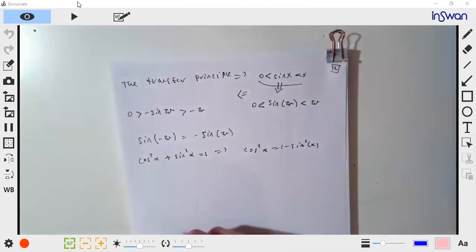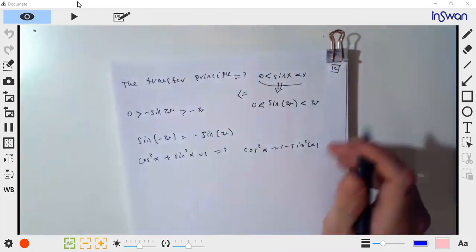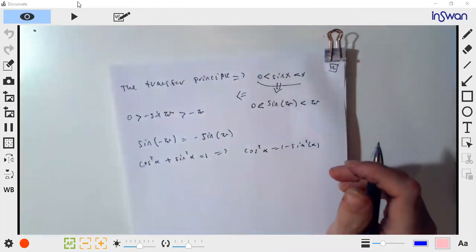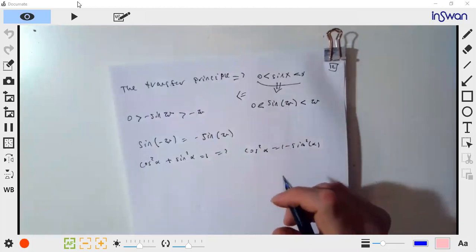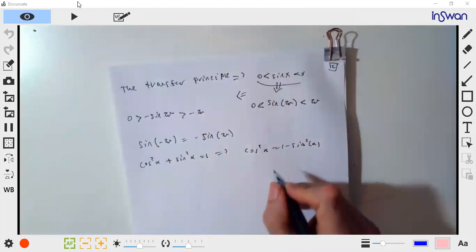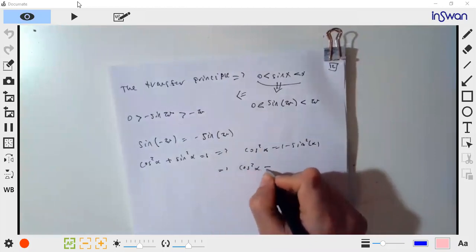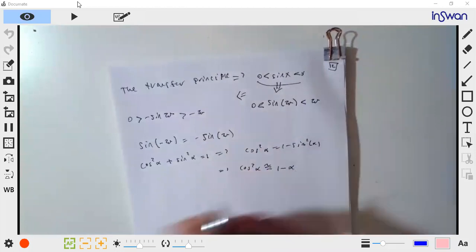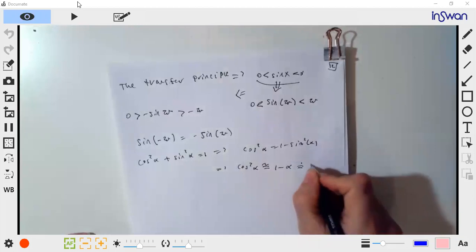And we note that sine squared alpha is basically just an alpha. And this renders the real result 1.